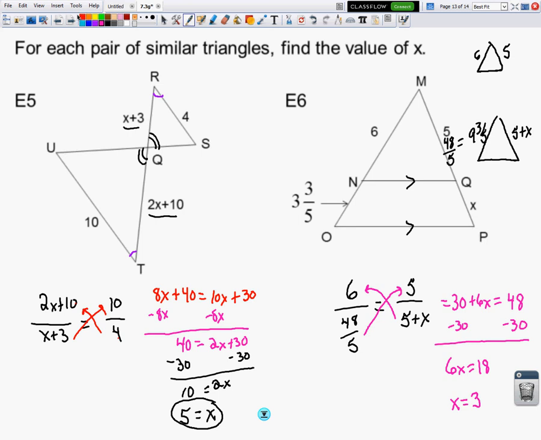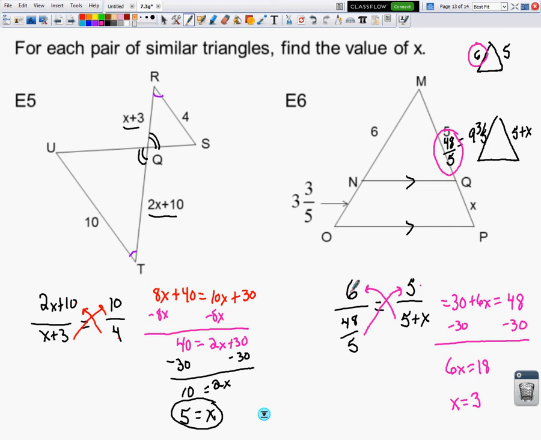Questions? How do you figure out which numbers go on top? How did I start with this 6? Yeah. It didn't matter where I started. It just matters that if I do 6, what goes underneath it? The 48 over 5. And even if it didn't go underneath it, I could have put it across from it.